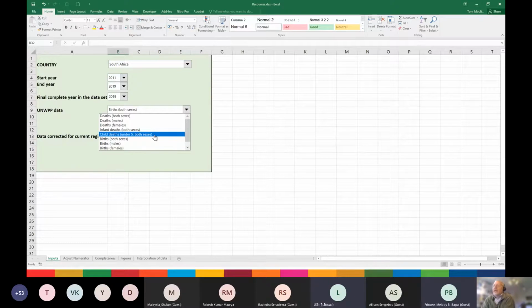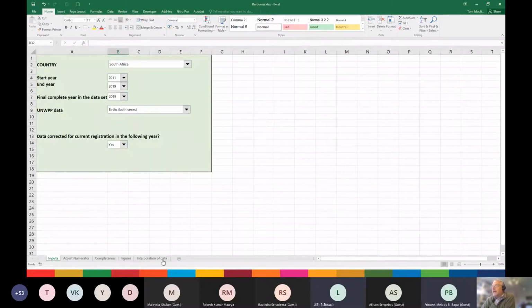But I must caution again that when using that last metric, the child deaths under 5 for both sexes, you must be alert to the fact that those estimates are not sourced directly from the UNWPP data, but are the result of a further assumption about the information.